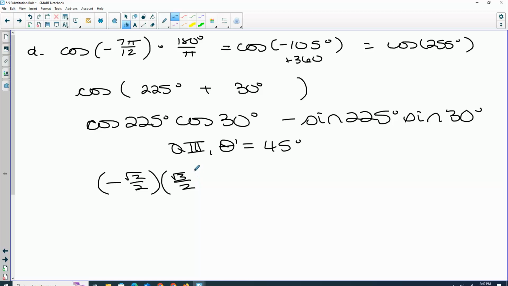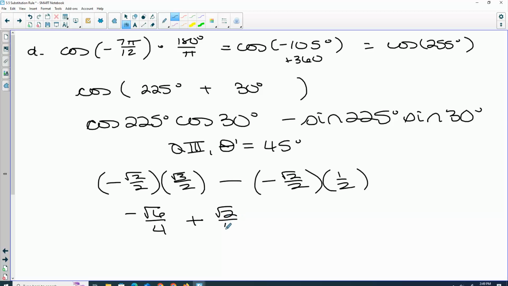Your final answer will turn out to be the same. Okay, in quadrant 3, is sine positive or negative? And what's the sine of 45? And the sine of 30? So if we multiply, we get negative radical 6 over 4 minus a negative, so plus radical 2 over 4.